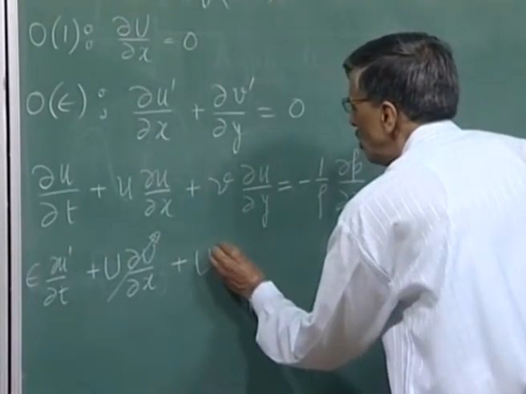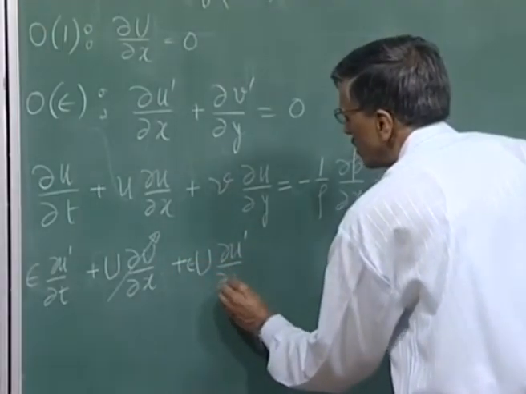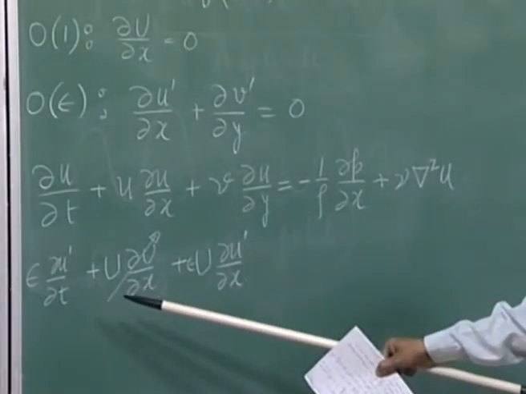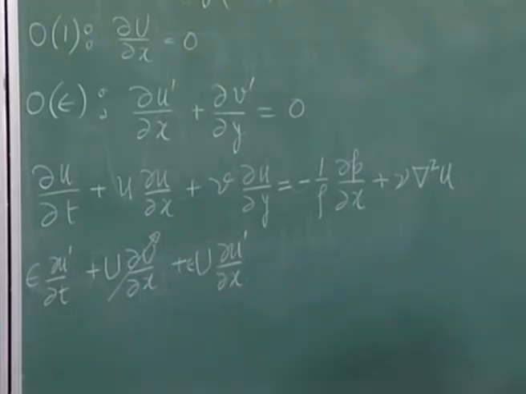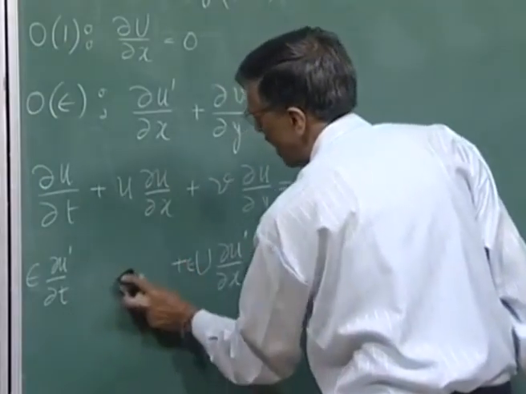We also get u del u prime del x, and we will not have the other term u prime into del u del x, because we know del u del x is 0. So, we do not need to really write this term out.